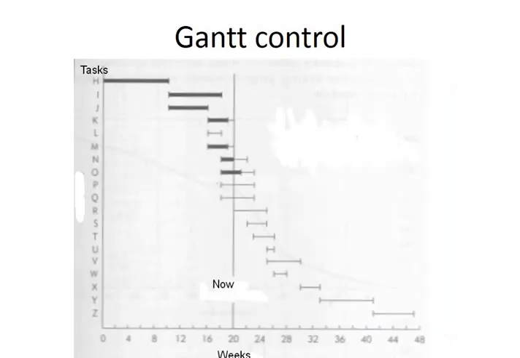You can also use a Gantt chart not only to plan tasks, but also to control them, even without any computer. As you can see, you've got tasks here, and you've got weeks here, and say this task has already been completed, and some other task like this one is even ahead, whilst some other of the tasks should be completed and are not completed, as task K is an example of such a task.